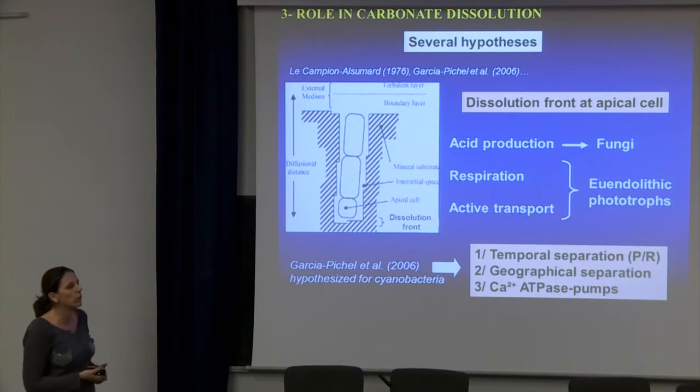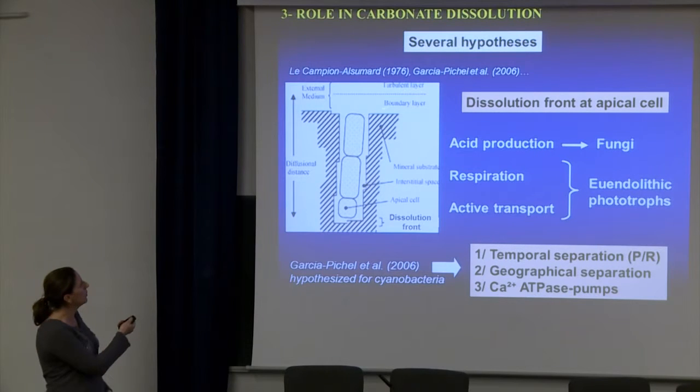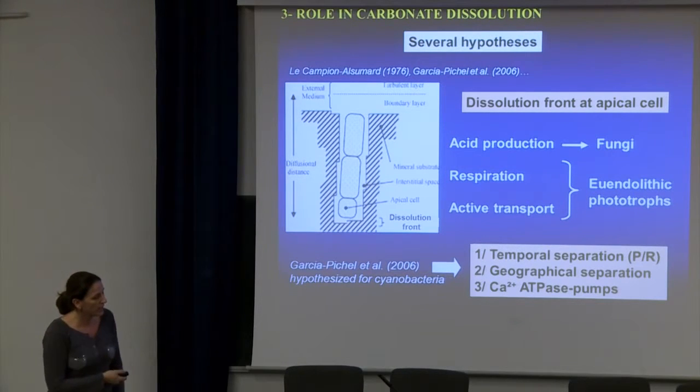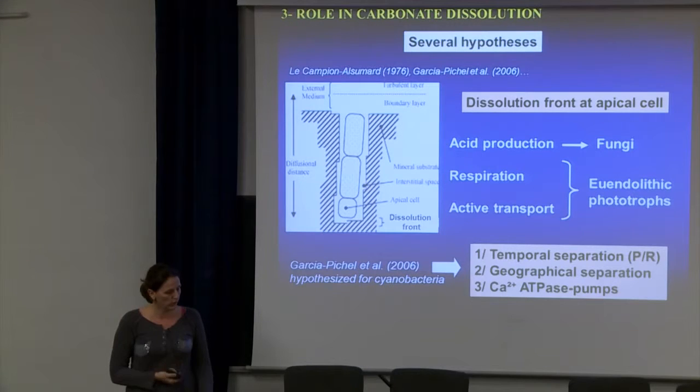Or there is a geographical separation by day: photosynthesis might be going on near the surface of the substrate, and the apical cell would be breathing and creating the conditions for carbonate dissolution. And then he suggested the presence of calcium pumps, which need ATP energy to be functional.